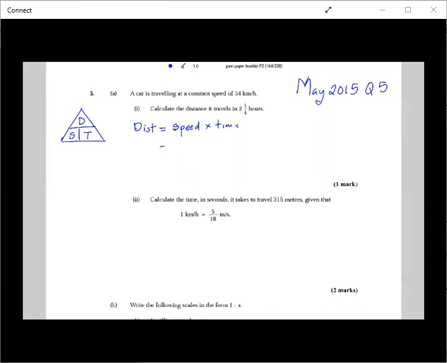The speed here is 54 kilometers per hour, multiplied by the time, which is 2.25. So this is equal to 54 multiplied by 4 2s are 8 and 1, 9 over 4.